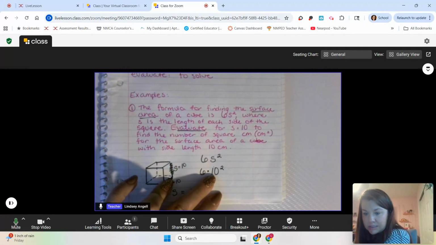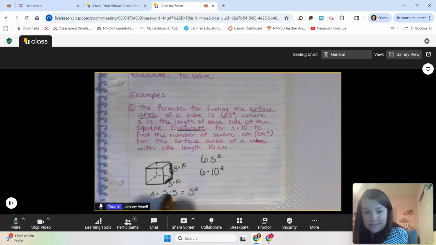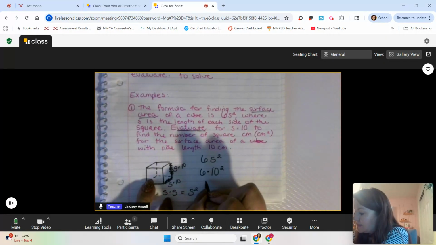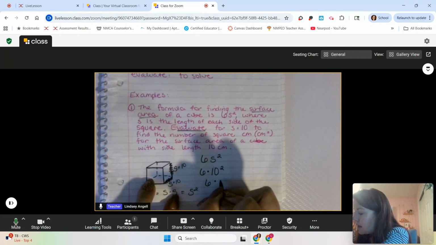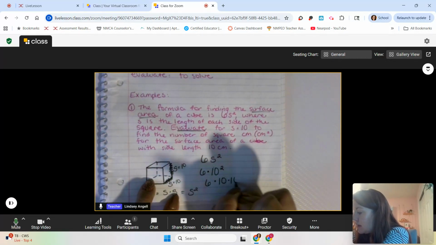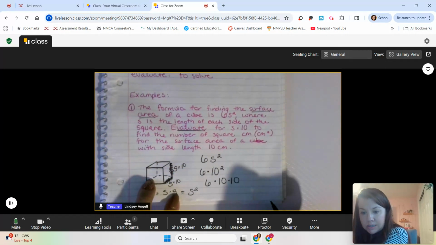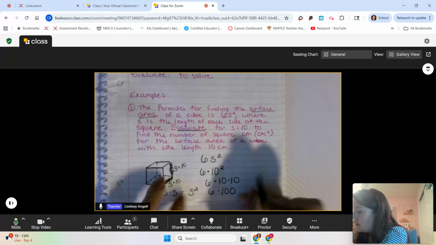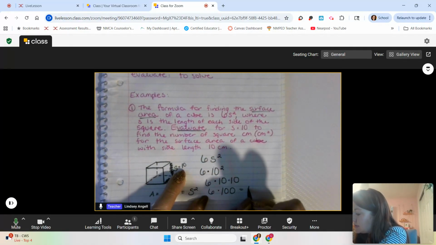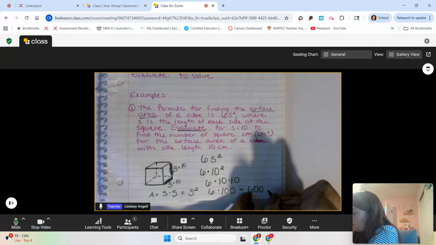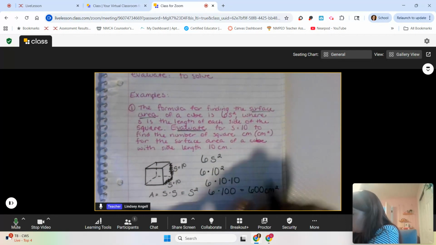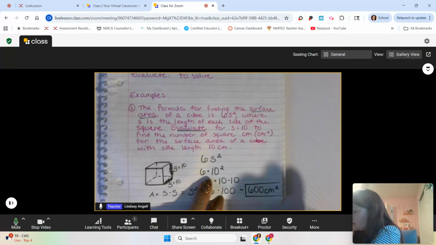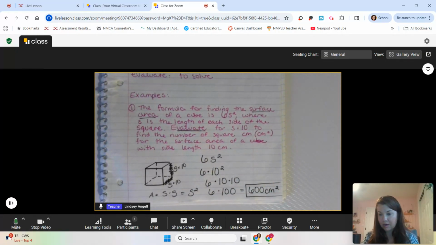Well, we know what 10 squared is, that's s times s, or in this case 10 times 10. You might even have it memorized as 100. So we have 6 times 100, which is 600, and then it was centimeters squared because we were talking about area, and the units for area are always squared. So that would be your final answer.